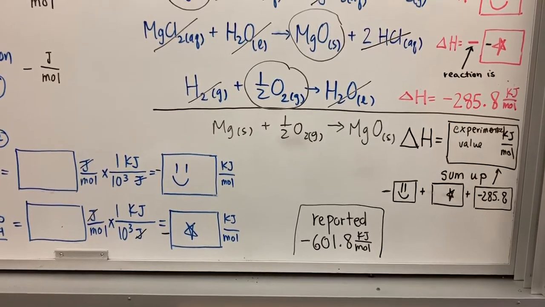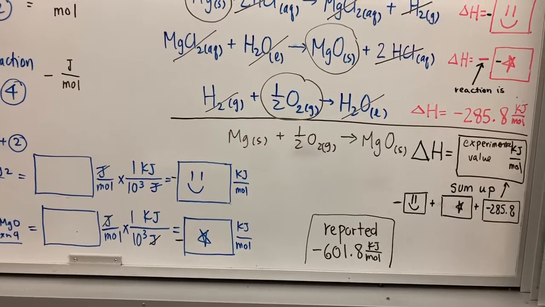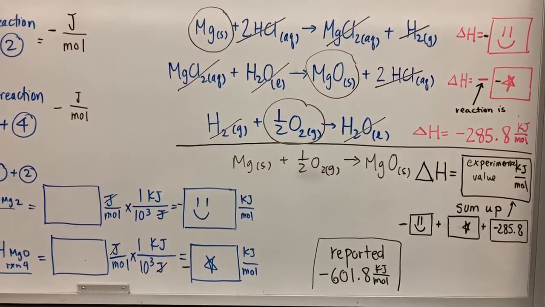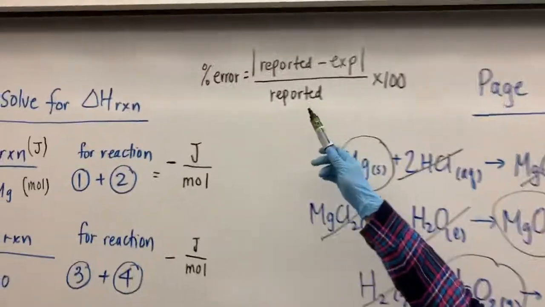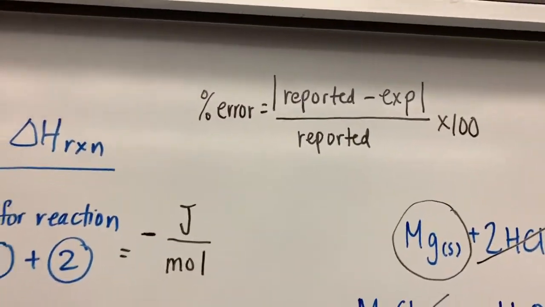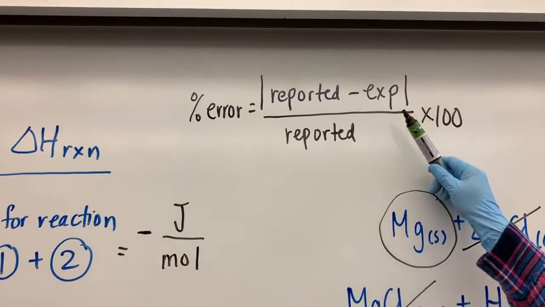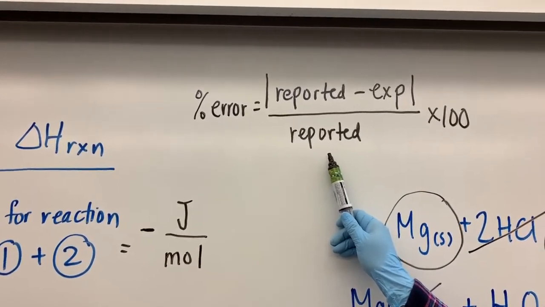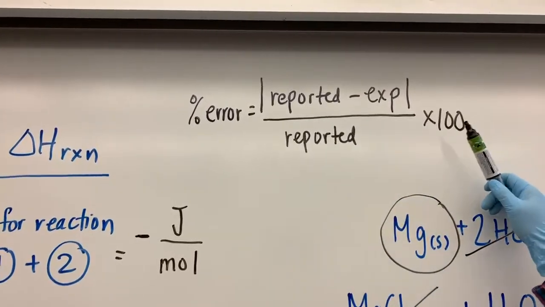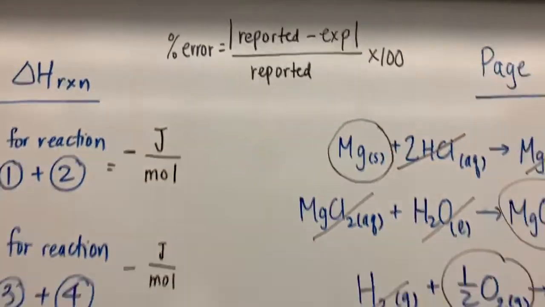So last but not least, on page 5, you're asked to calculate the percent error. So just as a review, percent error is the reported, 601.8, subtract your experimental, divided by your reported, 601.8, times 100. That's going to give you your percent error.